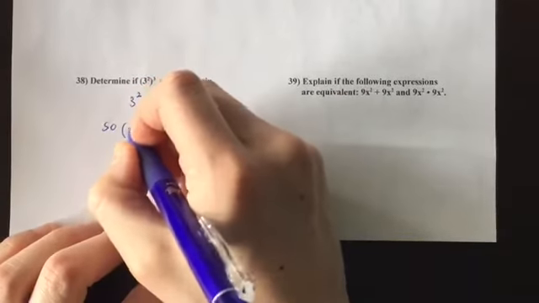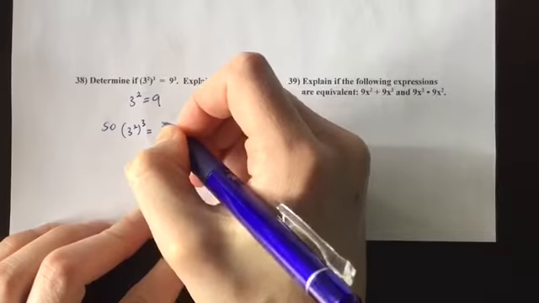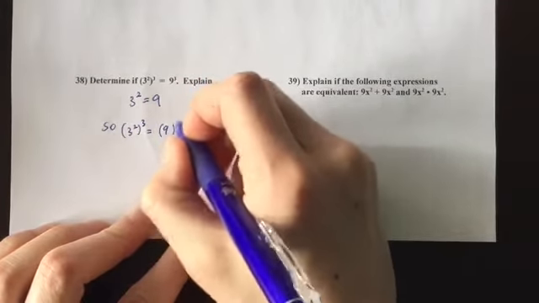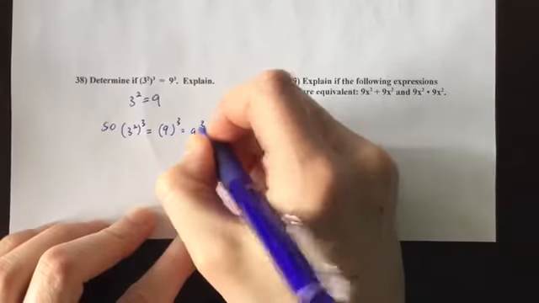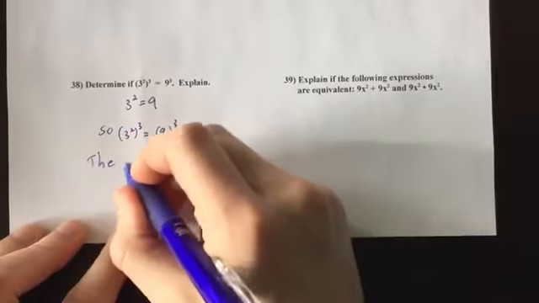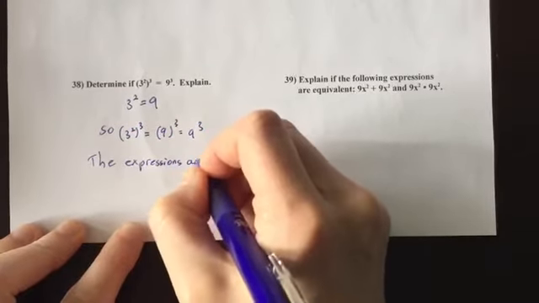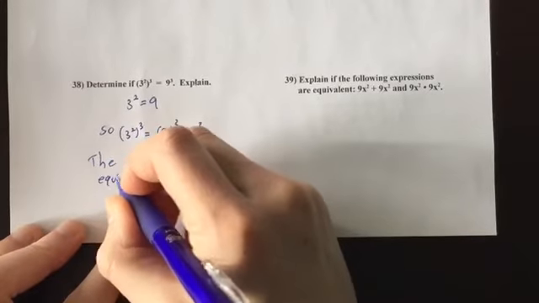So 3 squared to the 3rd is really just 9 to the 3rd, which is 9 to the 3rd. So I'm just going to say the expressions are equivalent.